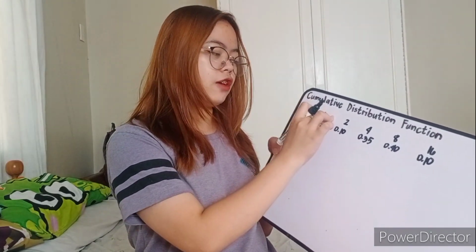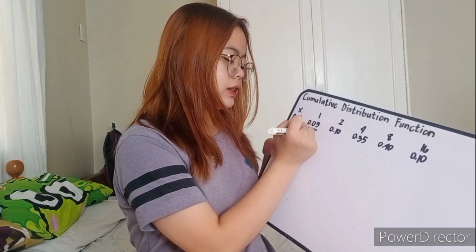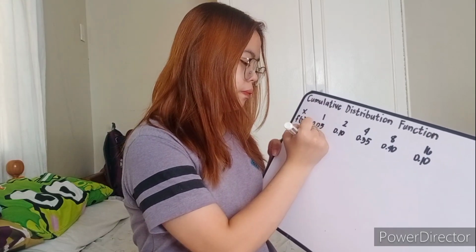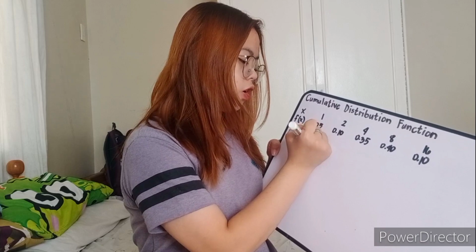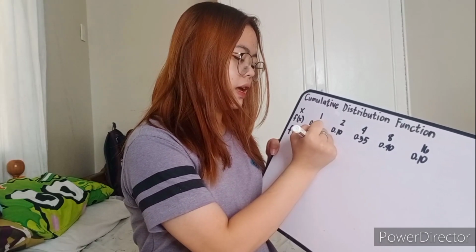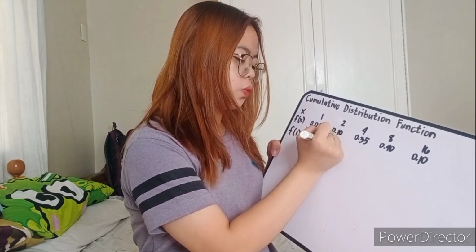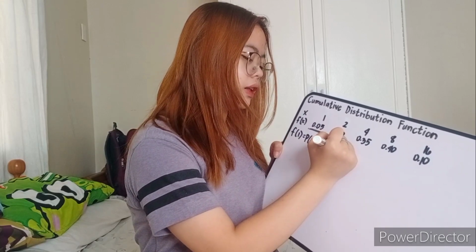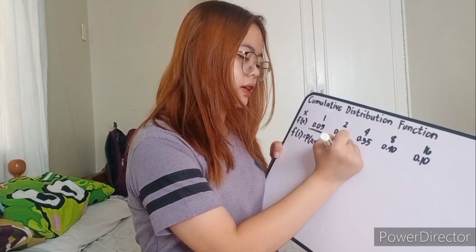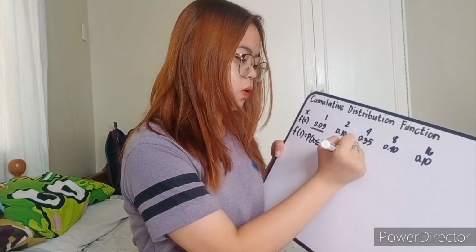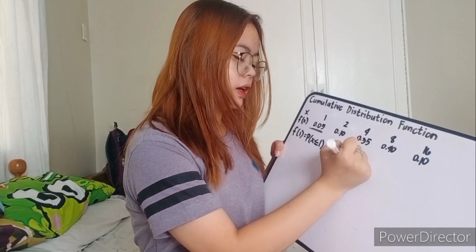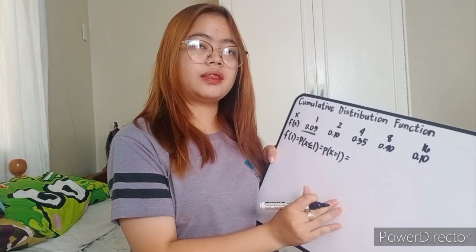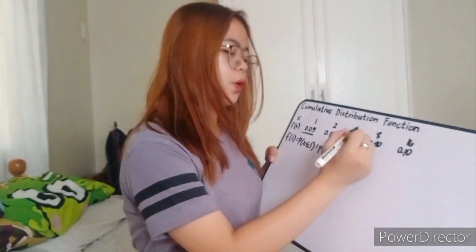So, para masolve yung sa F of 1, which is equals to P of X less than or equal to 1 is equals to the probability of X is equals to 1 and ang corresponding value nun is 0.05.